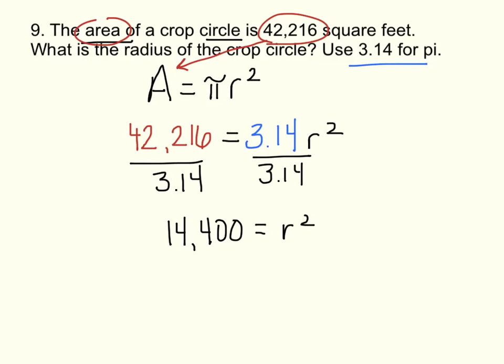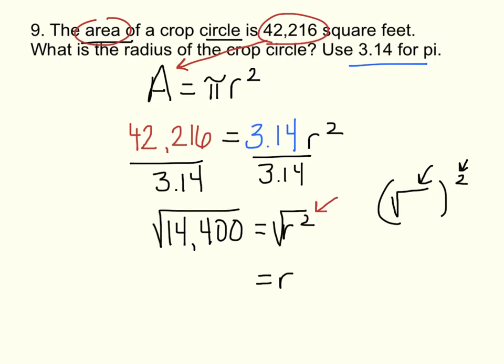A square and a square root are exact opposites of each other. So to get rid of this square, you take the square root of both sides. So that gives us r equals the square root of 14,400, which is approximately 120 feet.